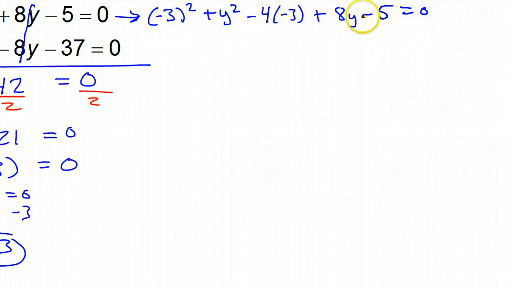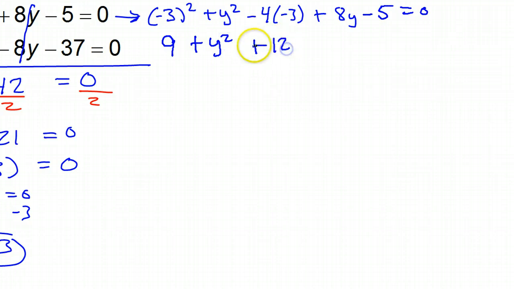Okay, so this is all y's, so I should be able to solve for this. This is going to give me 9 plus y squared plus 12 plus 8y minus 5 is equal to 0.